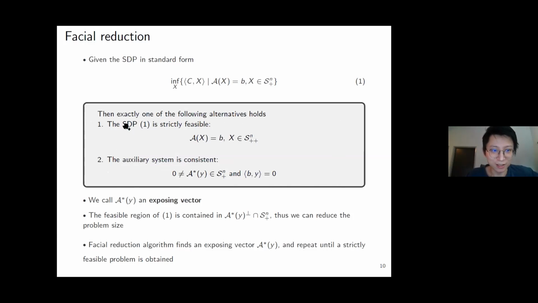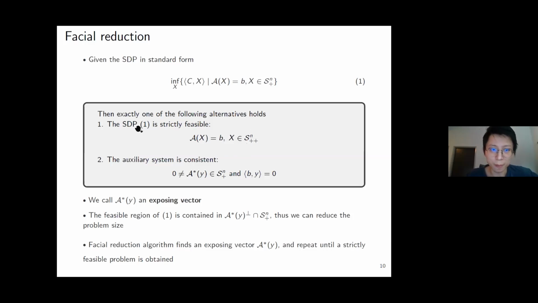Why? If SDP is strictly feasible, then there is a matrix X satisfying both constraints. Now, if you treat it separately, the matrices satisfying the equation form a set determined by this equation. This is just a linear subspace. It's a convex set, right? And the set of matrices in the interior of the PSD cone, or the set of positive definite matrices, is also a convex cone.